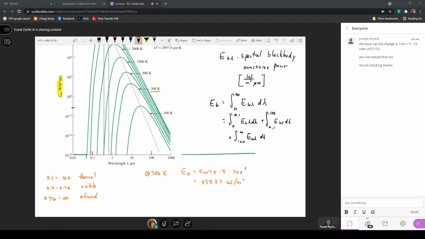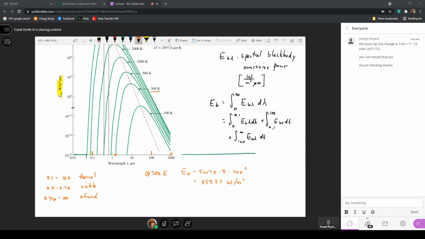Now, look at where the range of the spectral black body emissive power lies on the x-axis. It's here from 1,000 microns all the way down to just over 1. With this being a log plot, this is probably like 2 to 3 as the wavelength, so from here to over here.